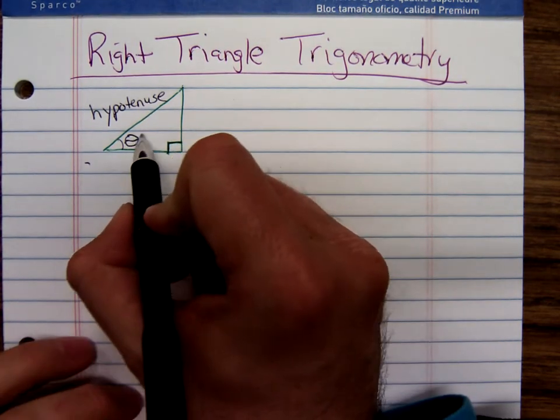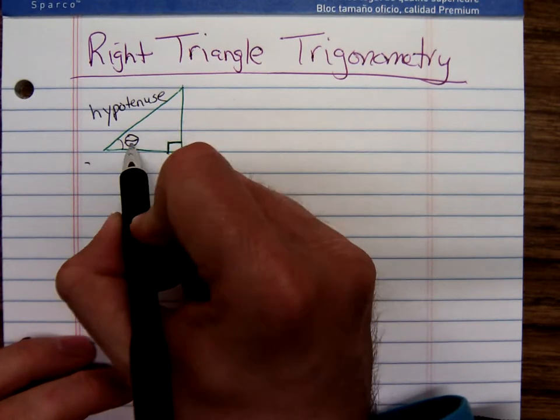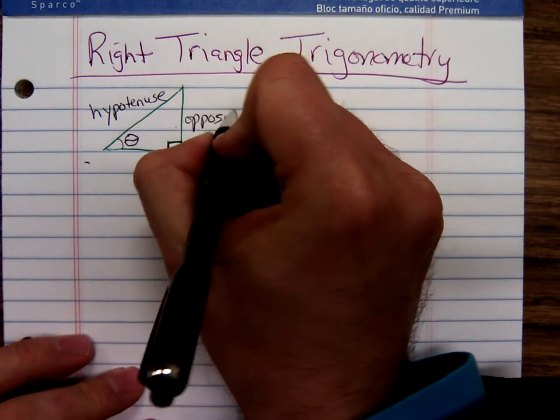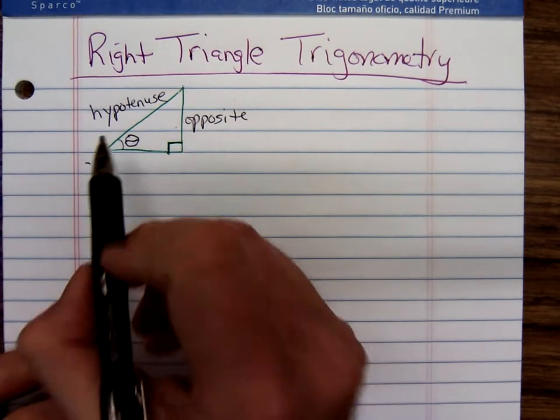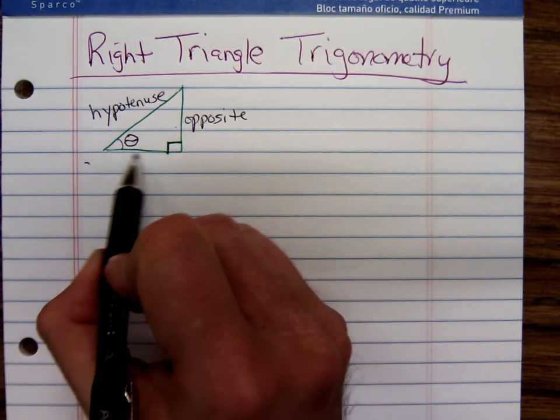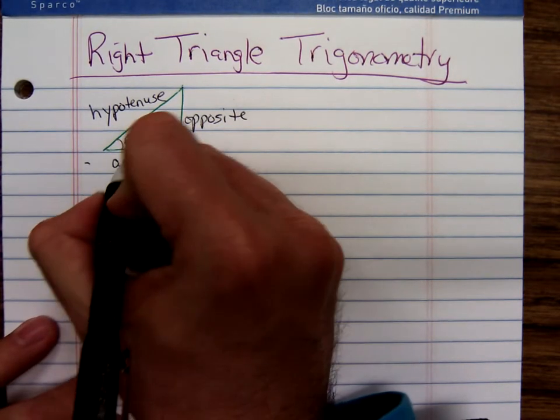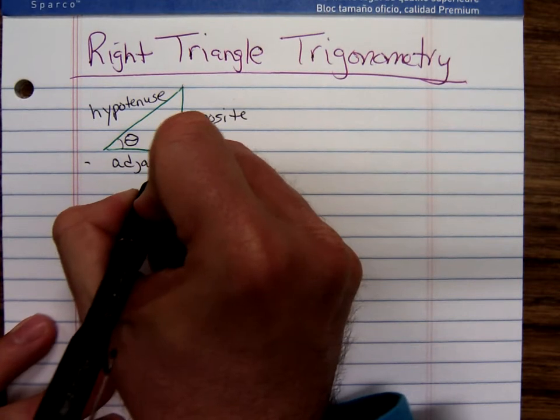The leg that's opposite that angle theta, I'm going to call opposite. The leg that's adjacent, that means closest to the angle theta, I'll call adjacent.